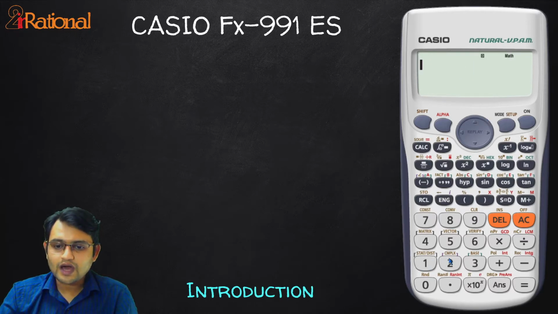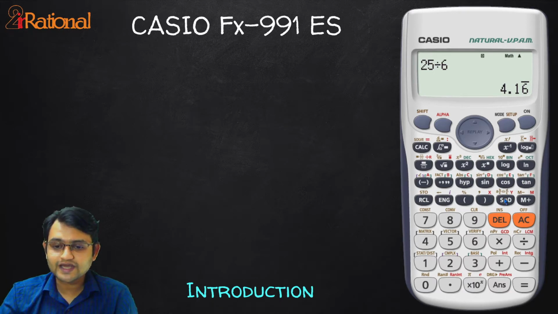Now we can do our basic calculations, like if I say 25 divided by 6, and if I press equal to, it will give me a fraction answer here. Now if I want my answer to be in decimal, I have a button here called SD. If I press this button, you will see that the answer will be in decimal, that is 4.16, and this is a recurring value.